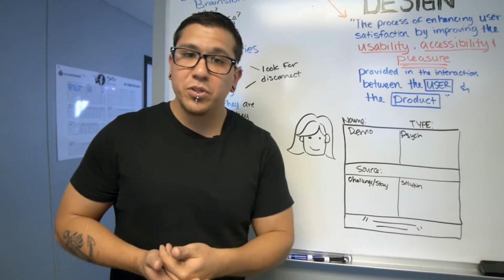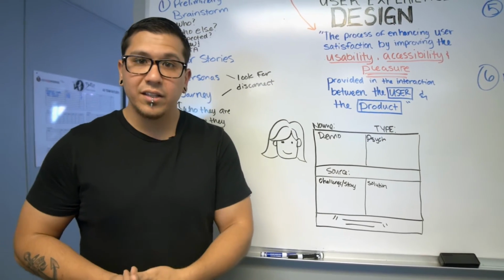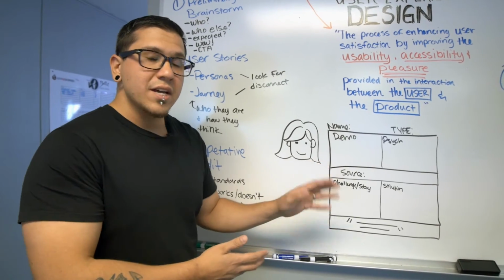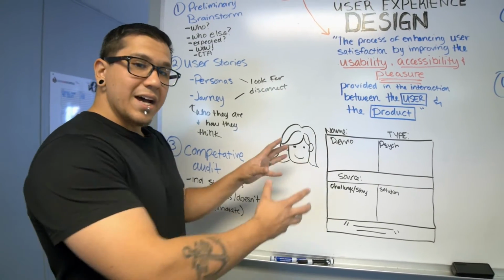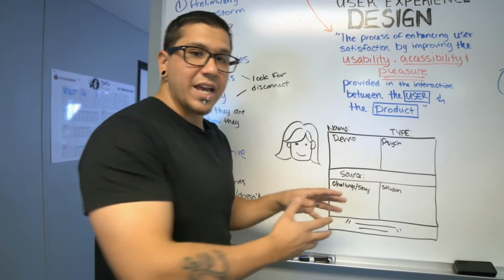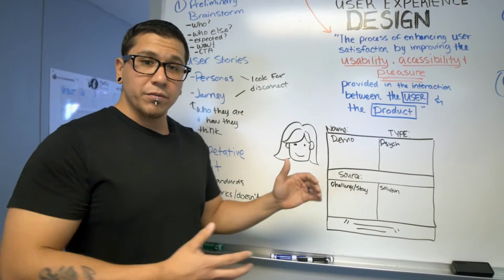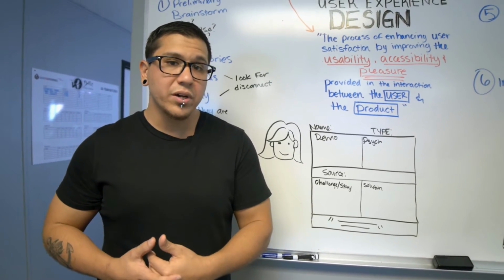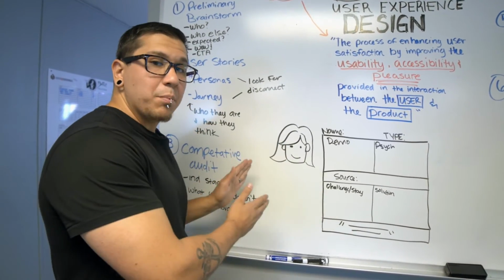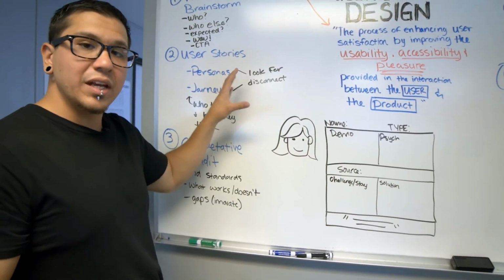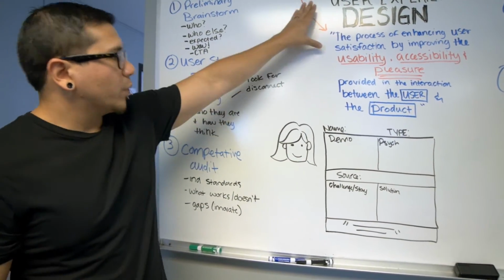But if my customer support has really been sucking lately, Sally hasn't had a really good experience with us. So I might put that down as a reality check for us, and then we'll do another one for Sally as an ideal, meaning the whole goal of the client coming to us is to enhance the user's experience. If our user's experience was bad before, what does the ideal actually look like? We're looking for areas of disconnect that we can improve upon in our UX design.